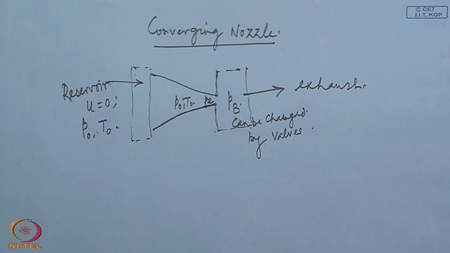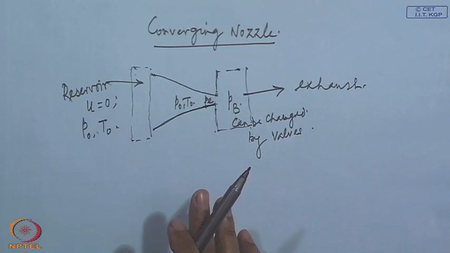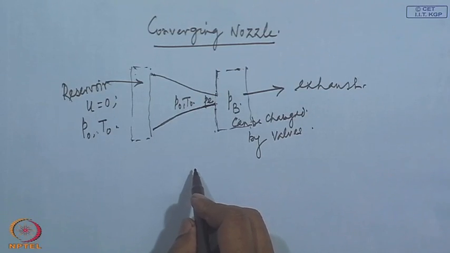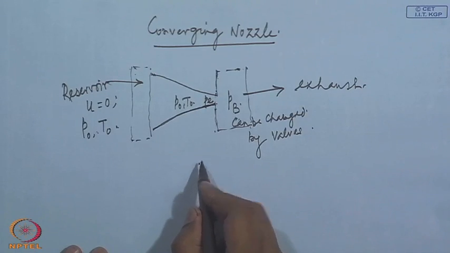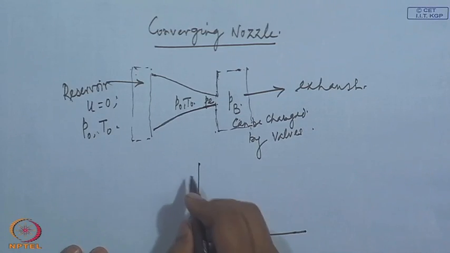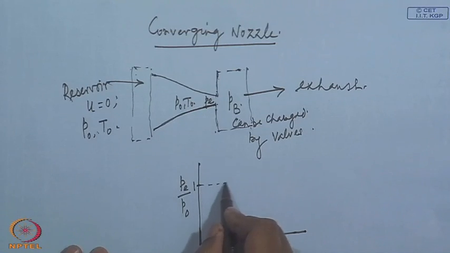Let us say that when P_b is the same as P0, of course, there will be no flow. If P_b by P0 is 1, then there is no flow.